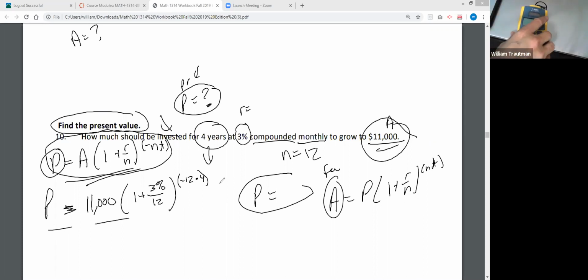So let's put that into our calculator. On my calculator, 11,000, parentheses, 1 plus a fraction, 3%. Arrow down, put a 12 down there, n is 12.